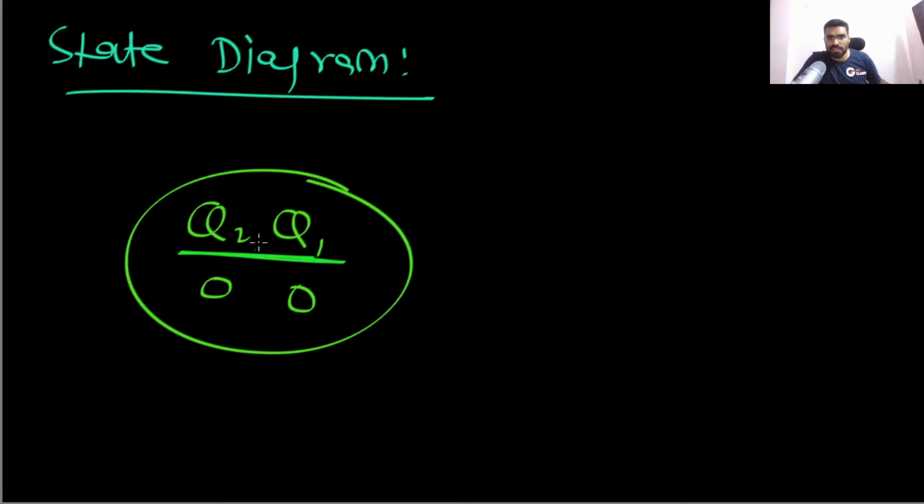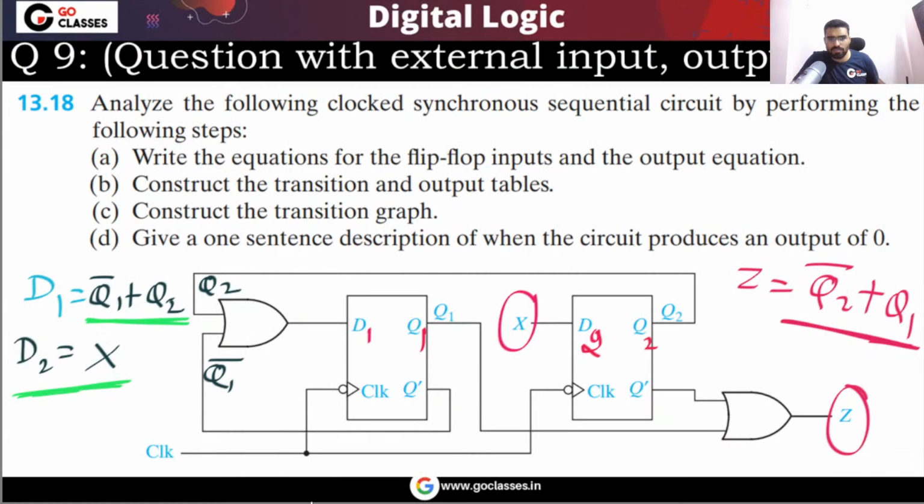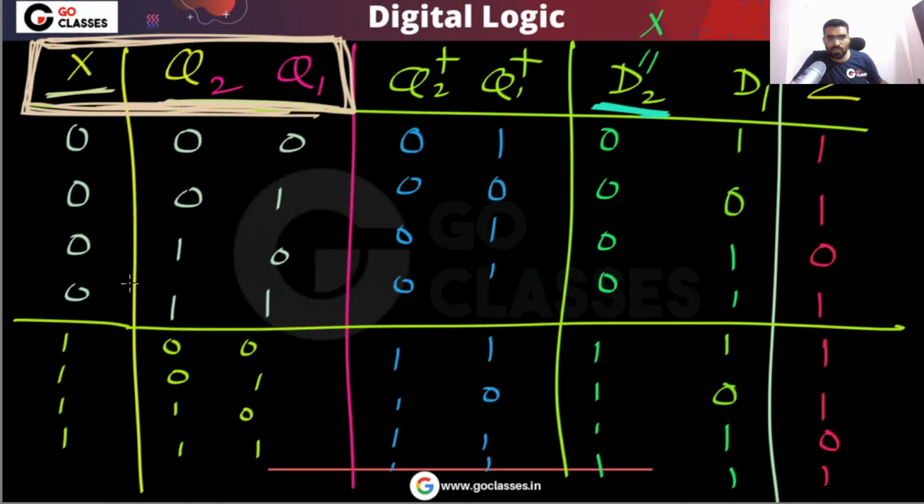So you can notice in the state you have 2 bits. From this state 0, 0, where will you go? You can notice if x is 0, I will go to 0, 1.